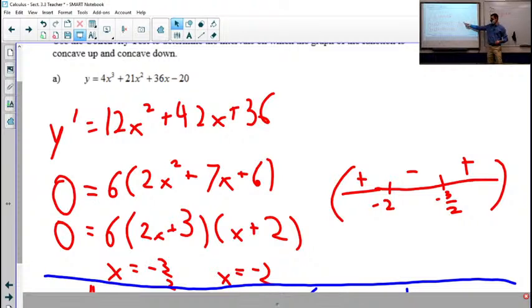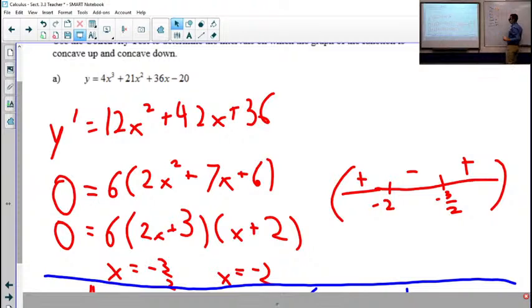Right, if you're increasing, switching to decreasing, going up and then hitting a peak, maximum, and then going back down. And then minimum will be the opposite way. You'll change from decreasing, going down, to going up. Or the first derivative is changing from negative to positive. So our maximum is at -2.